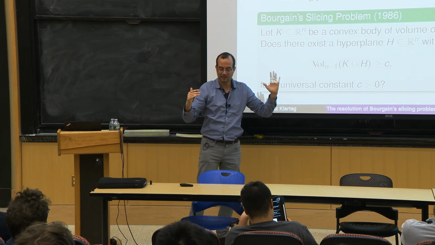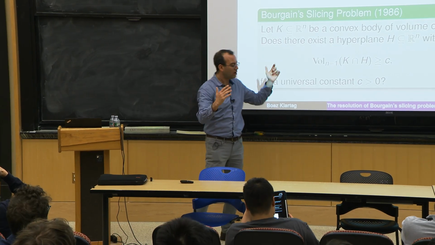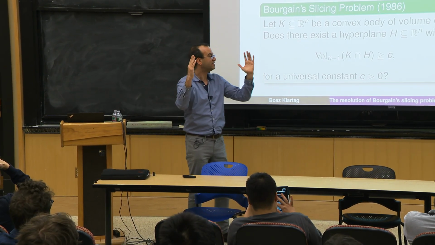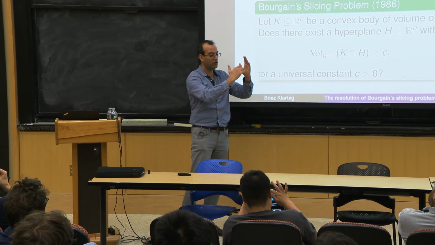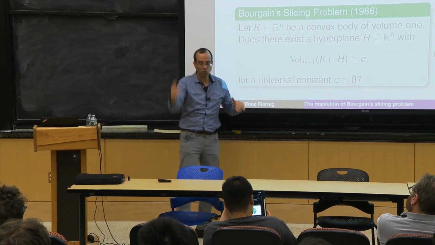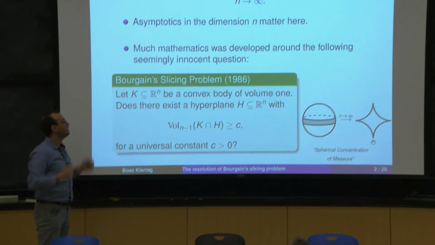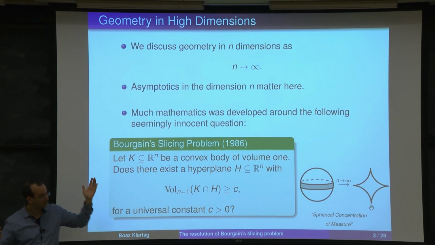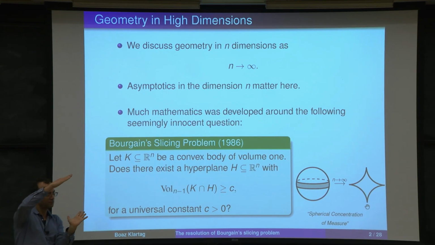And the claim is that if the volume is 1, it cannot be that in all directions you have a width more than the width of a Euclidean ball of volume 1, which is square root of n. If you have widths more than square root of n in all directions, the convex set would contain a ball of volume larger than 1, which is impossible. It would contain a ball. So it means that you can find a certain direction where the width is at most square root of n.